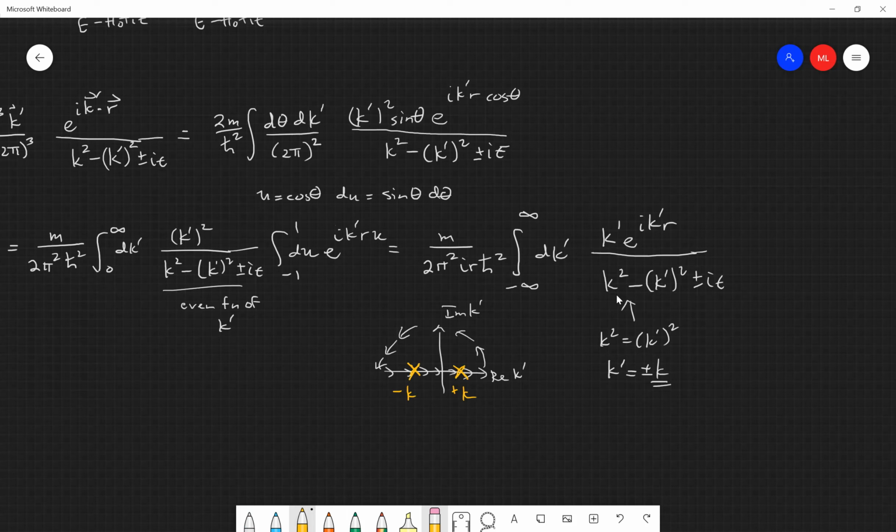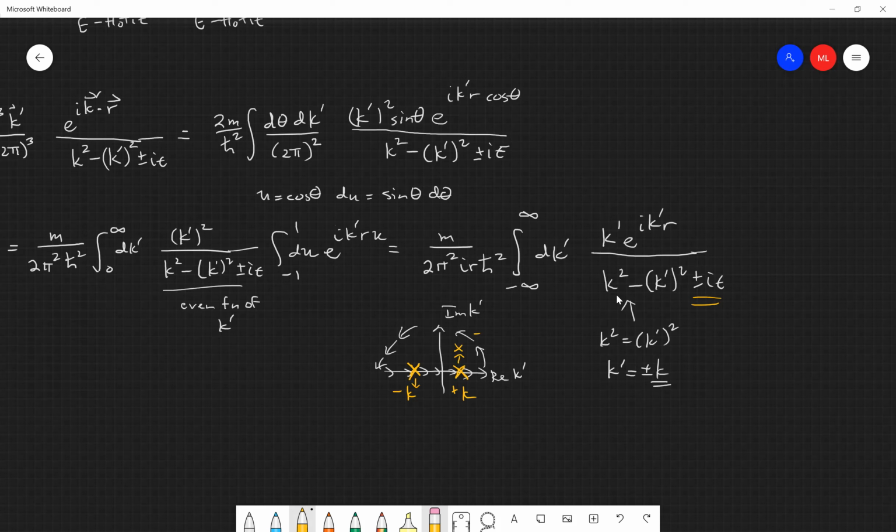And so that's why you need this plus or minus i epsilon. It gives the poles an imaginary part, and depending on the sign, whether it's plus i epsilon or minus i epsilon, it'll shift the two poles in opposite directions. For plus i epsilon, this pole gets shifted up and this guy gets shifted down.